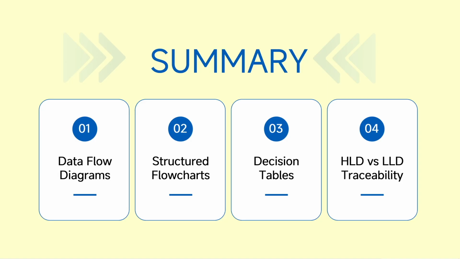Creating a decision table is itself a difficult job, and once we have a very good decision table, we can create very good business rules and find 100% coverage in the business rules. Then we ended the lecture by understanding the traceability between the high level design and the low level design. Thank you.